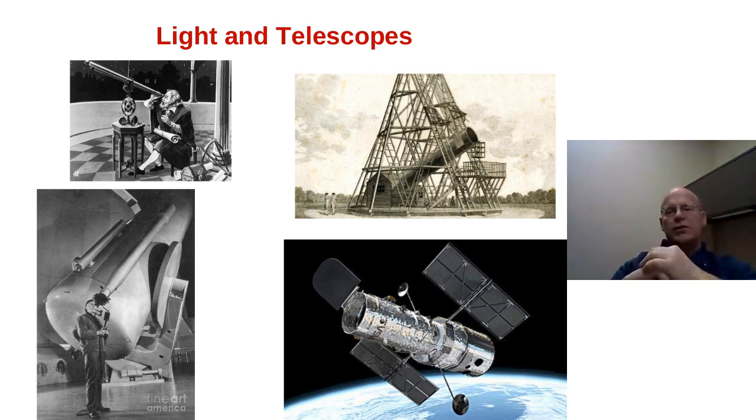And visible light is only a small portion of the entire electromagnetic spectrum that ranges from the lowest energy, radio waves, to microwaves, to infrared light, the visible light, ultraviolet light, X-rays, and gamma rays. All of those things are the same thing.